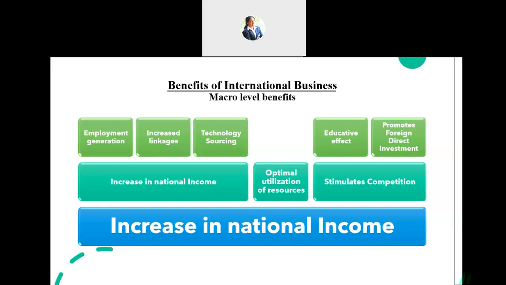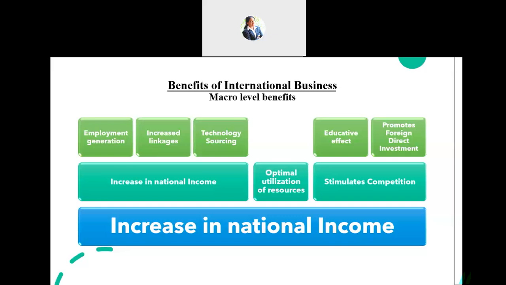The industrial and trade links cause the development of new industry and enhance the efficiency of existing industry. To give an example, if a company goes in for international business and the product that it is exporting belongs to the primary sector, and it starts exporting more and more, then even though it is a tertiary sector organization, it will also lead to the development of the primary sector.